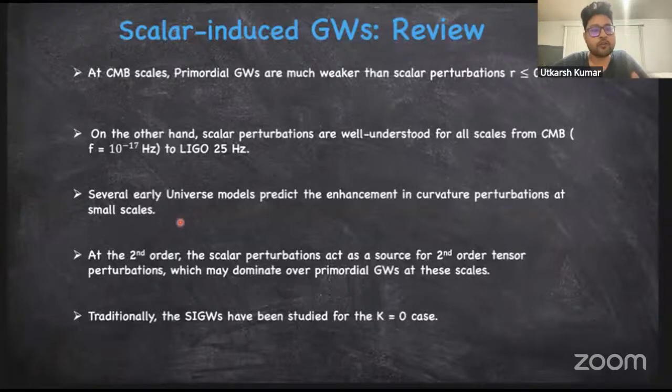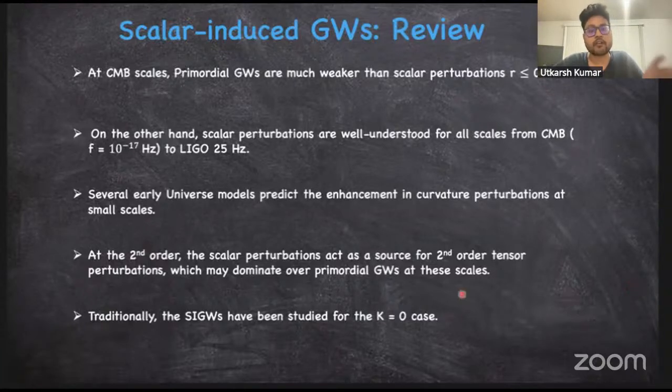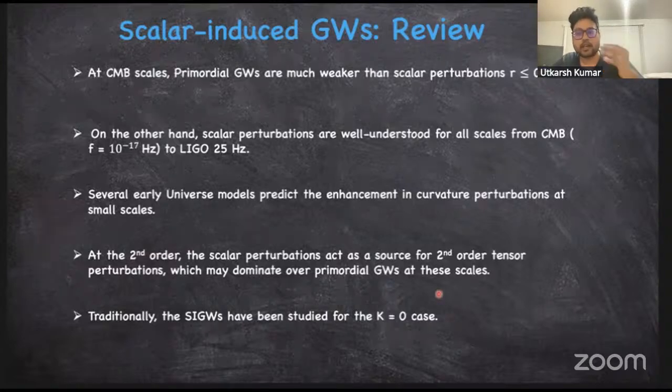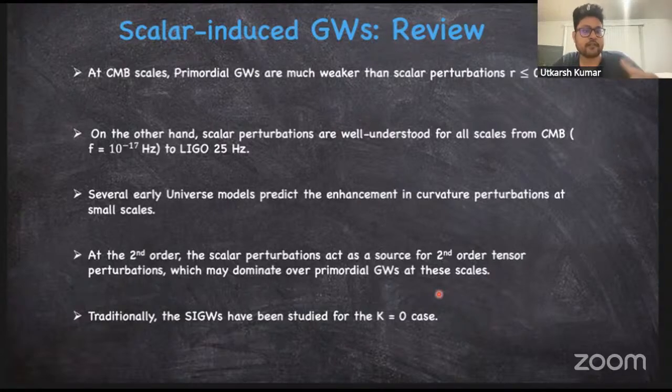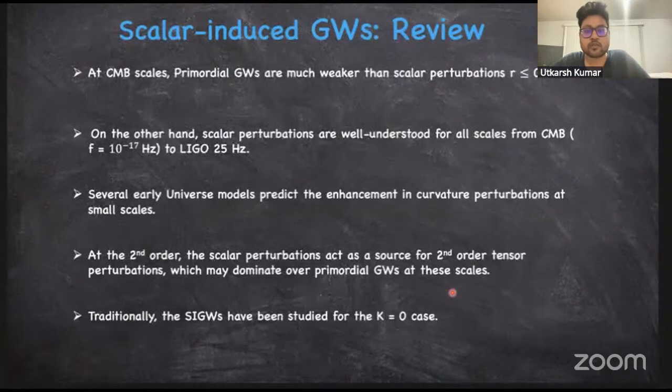So now, if we go beyond first order in perturbation theory, then one finds that at second order or higher, the scalar, vector and tensor perturbations interact with each other and act as a source for the higher order perturbations.